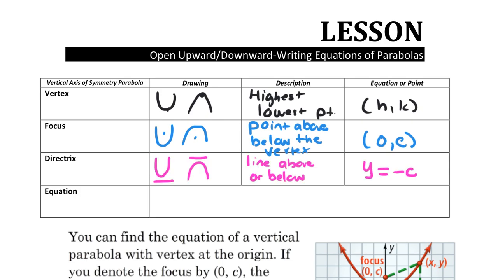The directrix is a line that's above or below the parabola, and the location is y equals negative c. The equation of this parabola that opens upwards or downwards is y equals ax squared. We can also name it y equals 1 over 4c x squared.